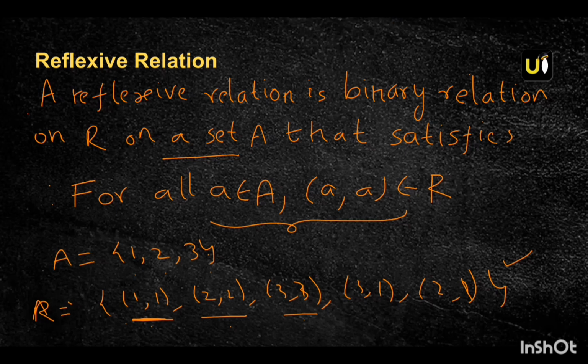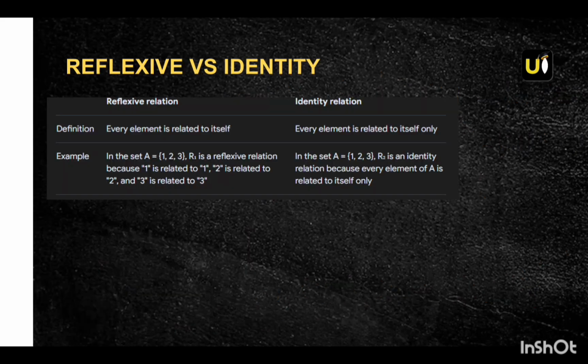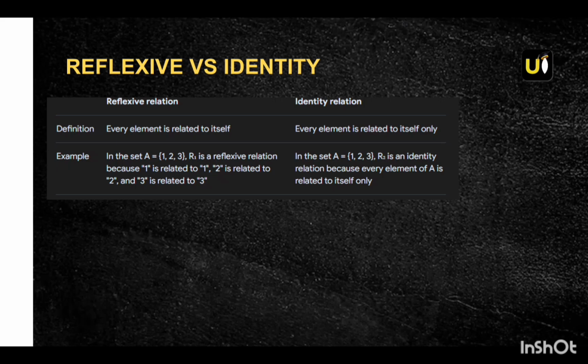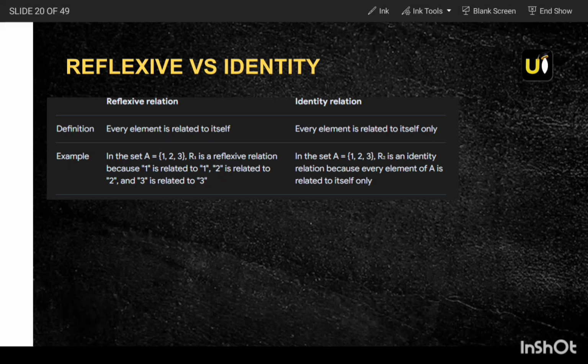So the particular relation is a reflexive relation. Now what is the difference between a reflexive relation and an identity relation? Let's look into that. Reflexive versus identity. Reflexive relation: every element is related to itself. Identity relation: every element is related to itself only.